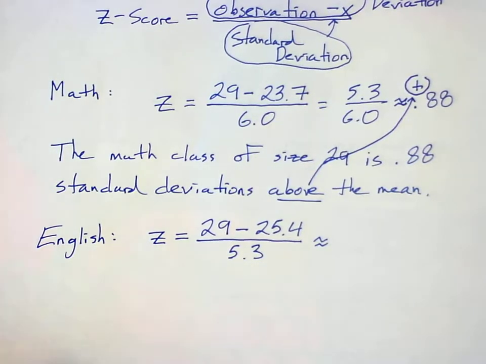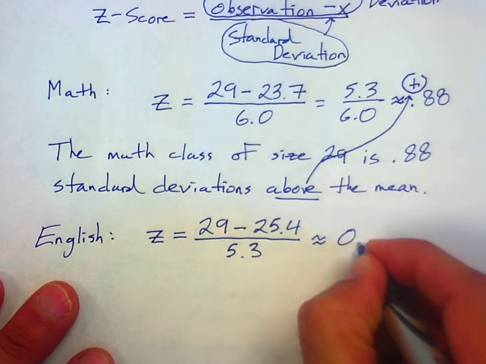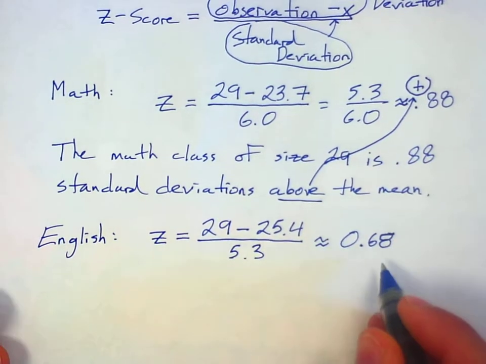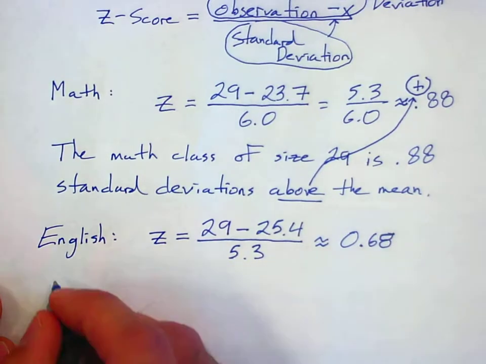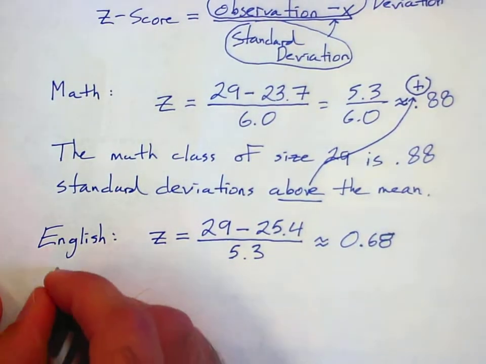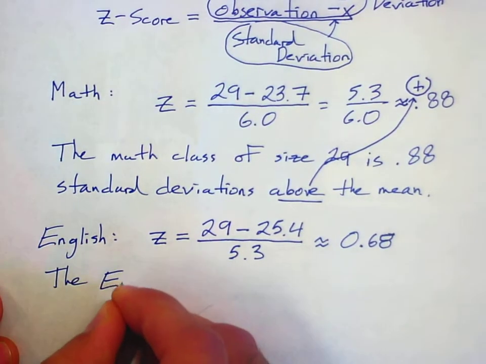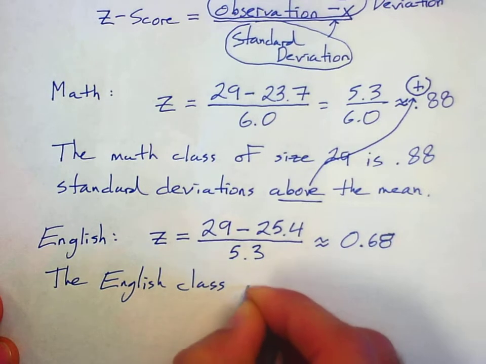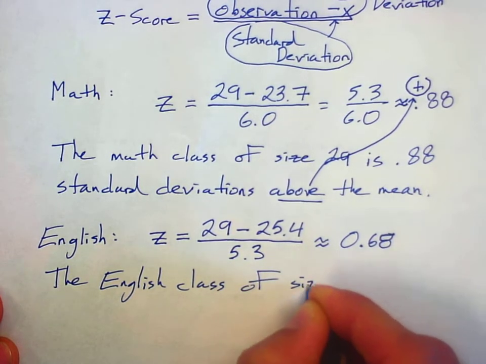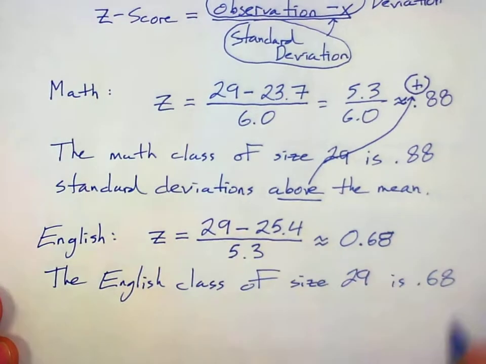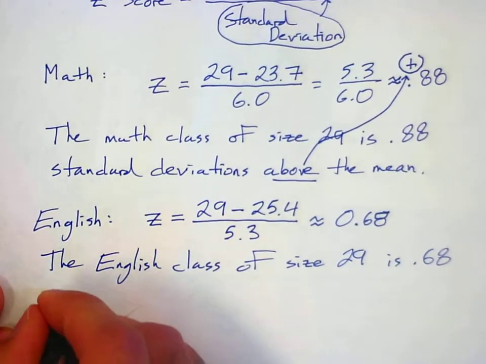If I divide that by 5.3, that gives me about 0.68. So what this tells me is that the English class of size 29 is 0.68 standard deviations above its mean.